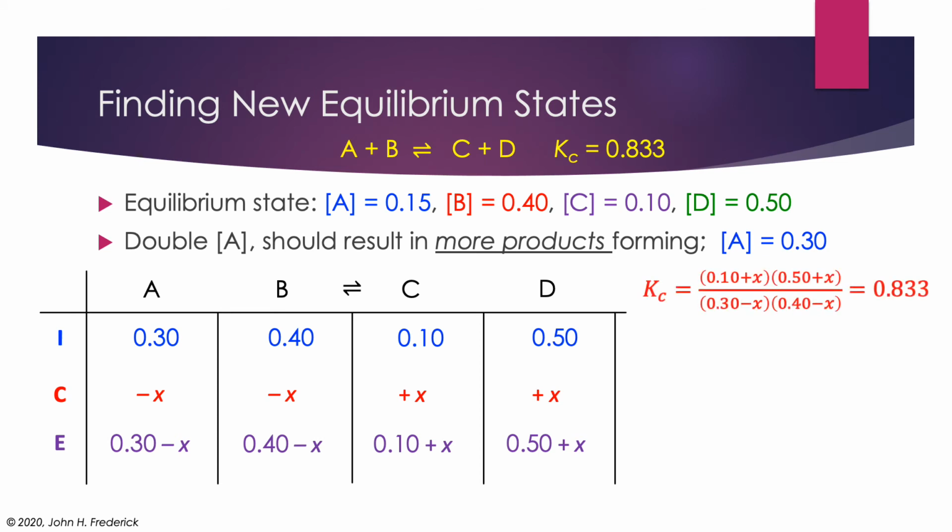Now if I plug this into the formula for the equilibrium constant, it looks awful, but you know what? Wolfram Alpha doesn't blink an eye when you stick this in there, and when you do that, you get these results. Now, notice that there's two answers here.